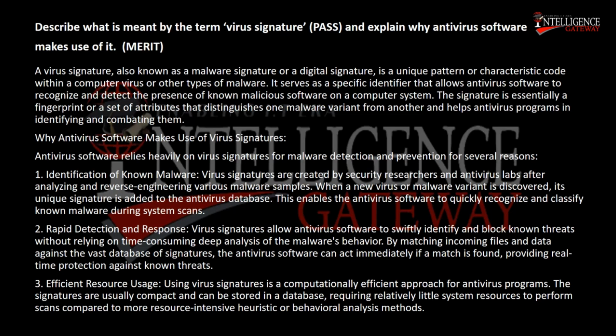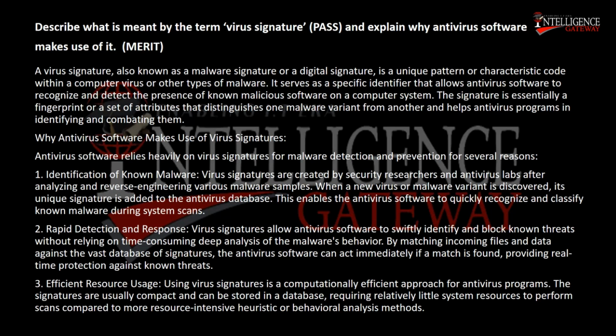Identification of known malware. Virus signatures are created by security researchers and antivirus labs after analyzing and reverse engineering various malware samples. When a new virus or malware variant is discovered, its unique signature is added to the antivirus database. This enables the antivirus software to quickly recognize and classify known malware during system scans.